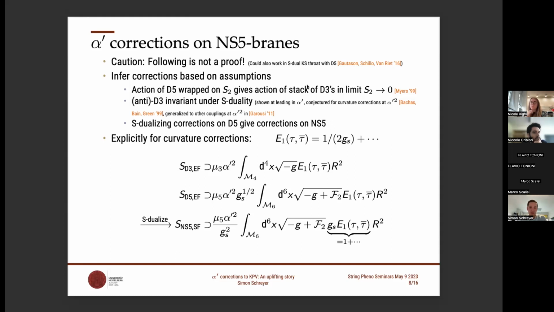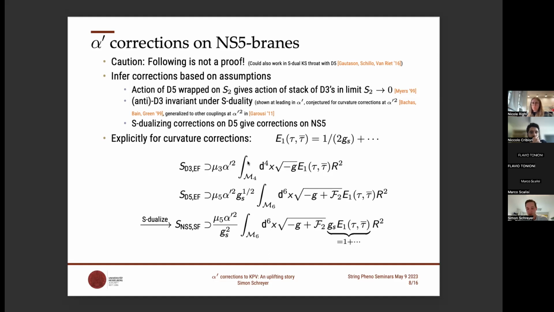And then we take the first assumption and write down this action for the D5 brane, which is now fluxed. And we conjecture, or find it very plausible, that there should also be this Eisenstein series here, because if we now shrink the S2, we precisely obtain also the Eisenstein series for the D3 brane.